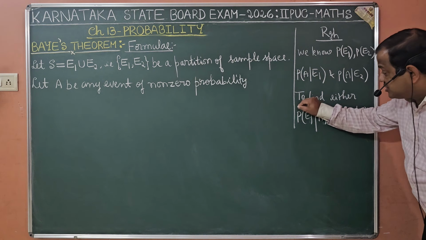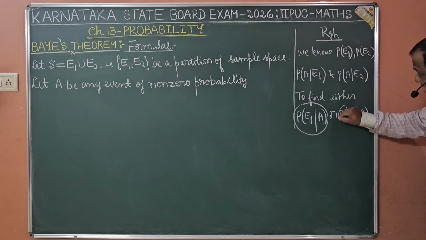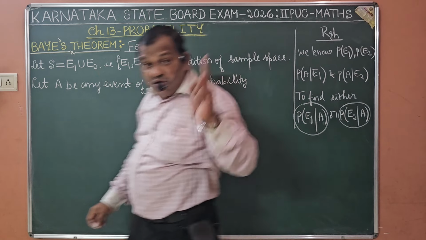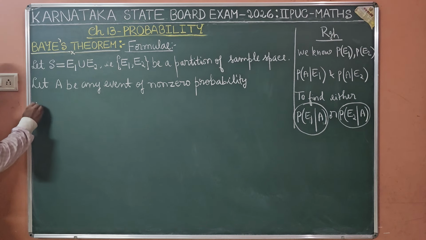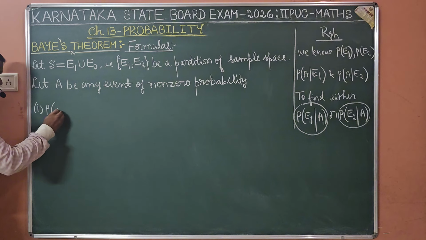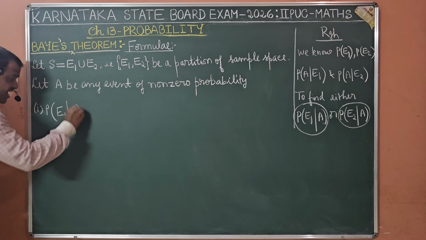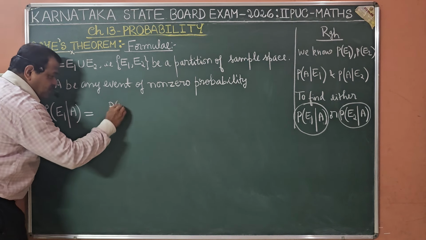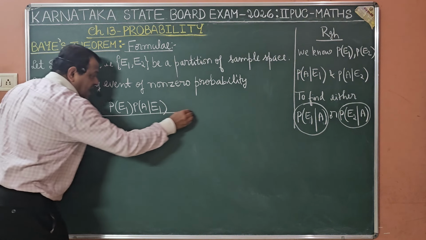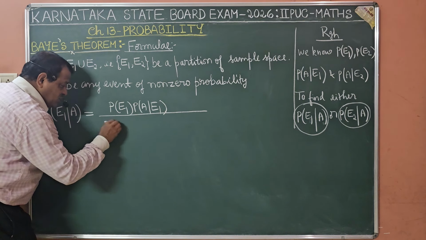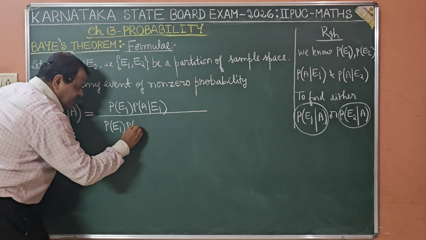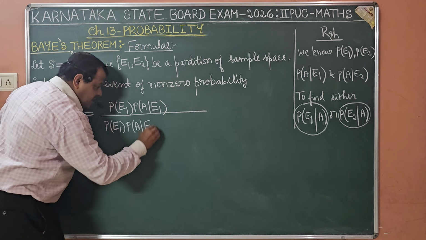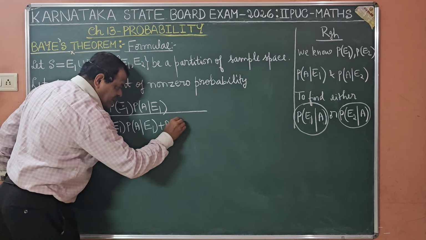But before that, I would like to give two formulae. One for this, another for this. Listen kindly and note down. The first formula is, if you want to find P of E1 given A, your formula should be P of E1 into P of A given E1, this whole thing divided by P of E1 into P of A given E1, plus P of E2 into P of A given E2.